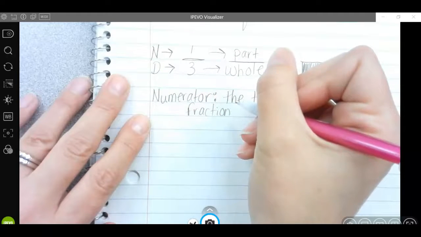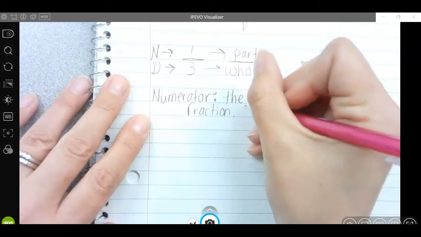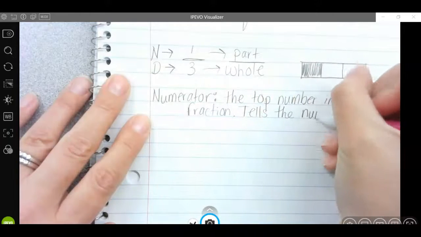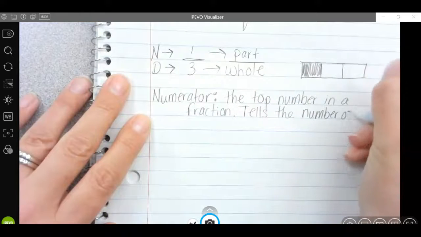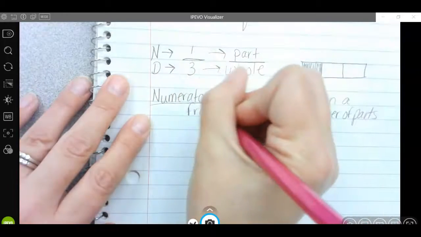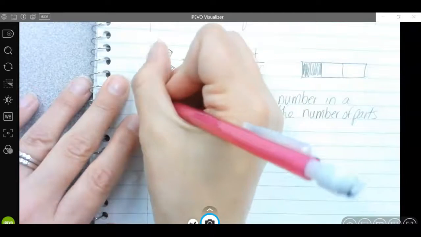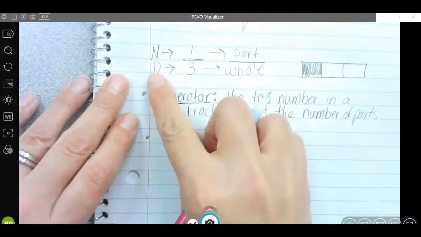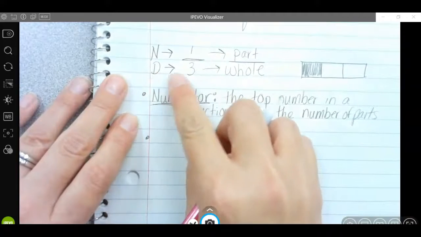It tells the number of parts. Okay, that's the numerator.